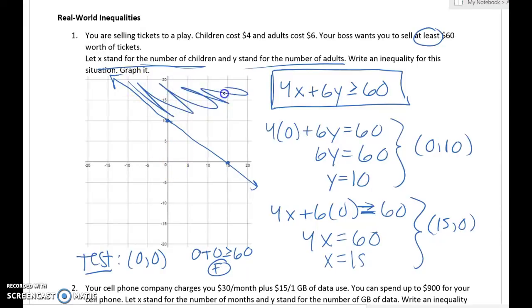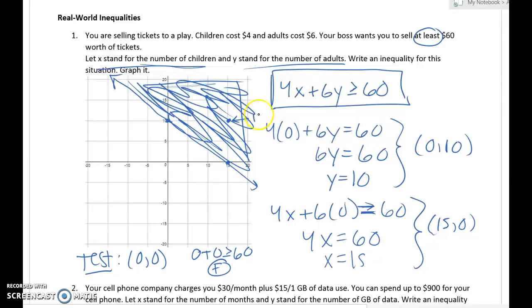Has to be on that side of the line. And again, what this means is that anywhere above this represents an amount of tickets you could sell for children and adults. So for example, if you go right here in that section, that would be the point 15, 10, meaning you would make enough money, at least $60 worth, if you sold 15 children's tickets and 10 adult tickets.